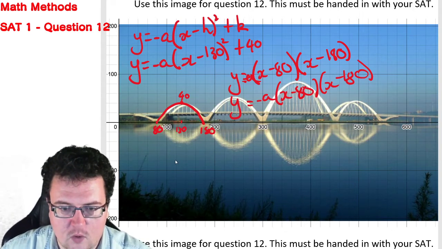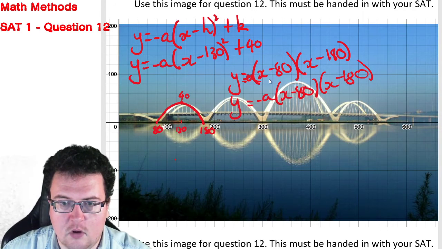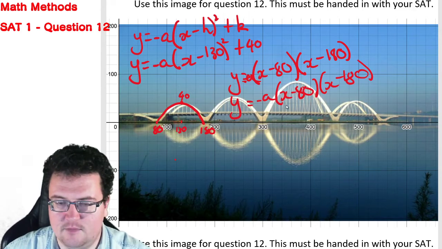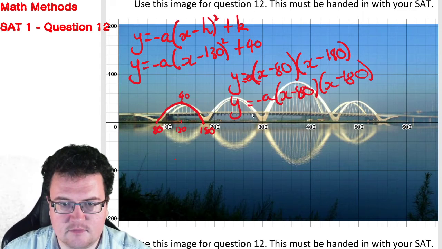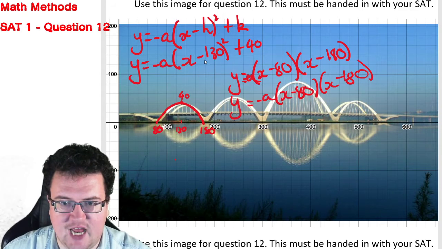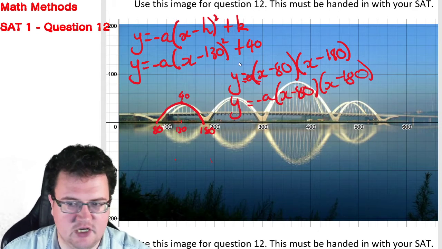And then from there I should be able to solve for a. I can put these back to back. Actually, they'll just cancel each other out.